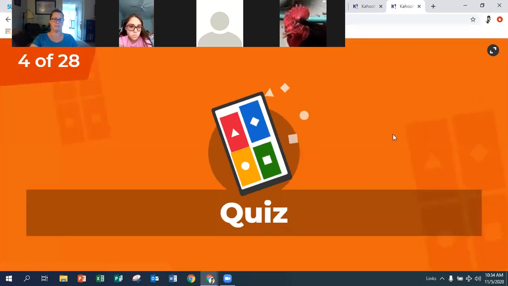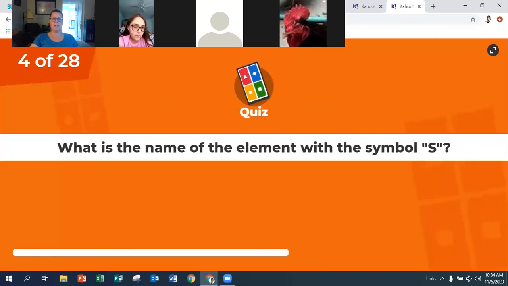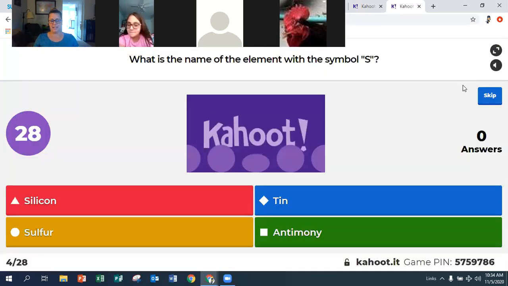Question 4. What is the name of the element with the symbol S? S is in group 16.